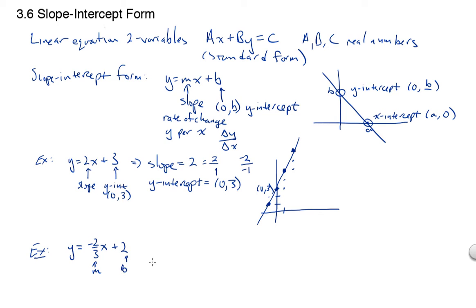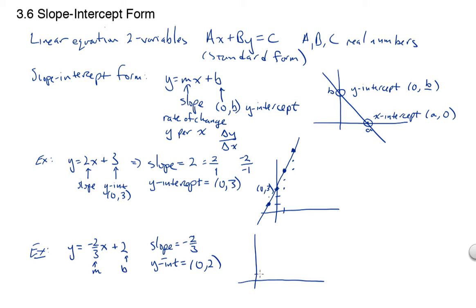And here's the y-coordinate of our y-intercept. So our slope is negative 2/3. And our y-intercept is (0, 2). And again, we could graph this if we wanted.